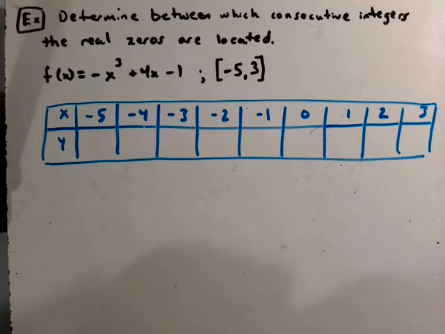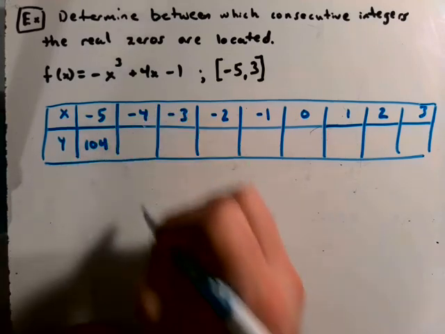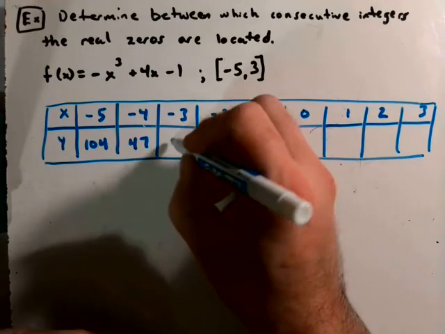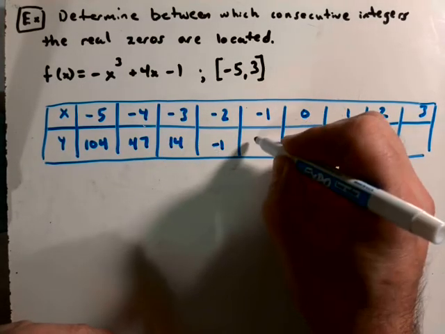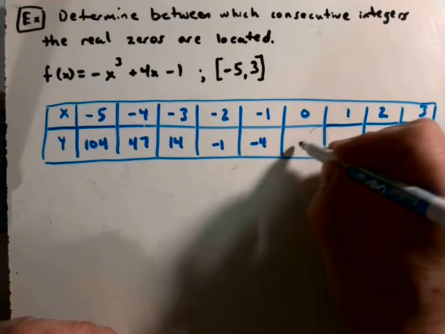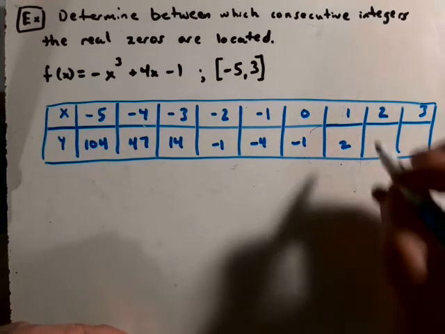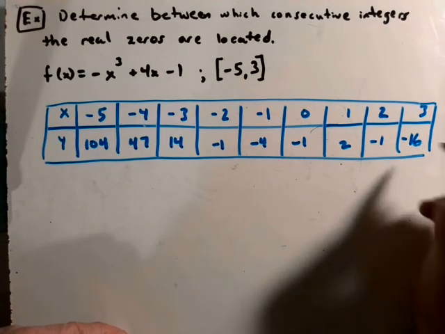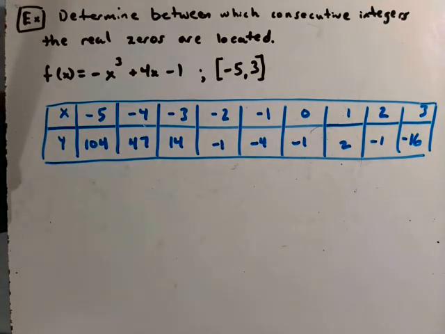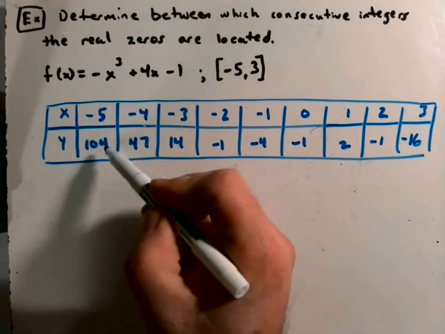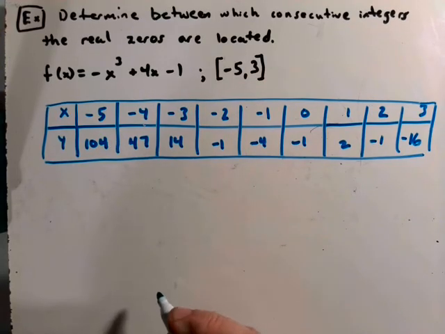So if you plug in -5 into the equation, you get 104. If you plug in -4, you get 47, and so on. So here's how this works. The first point has an x-coordinate of -5 and a y-coordinate of 104.